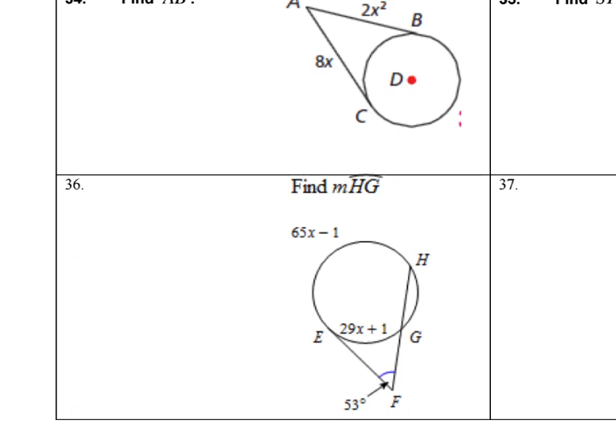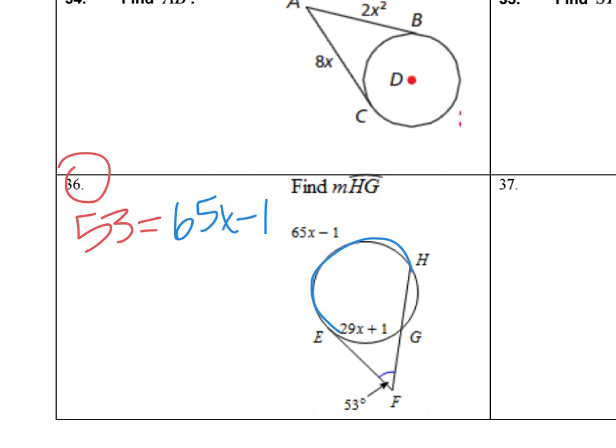So on 36, you had to use your exterior angle rule, which means the x angle, which we have is 53, is going to equal the big arc, which is 65x minus 1, minus the small arc, which is 29x plus 1, and then you divide it by 2.